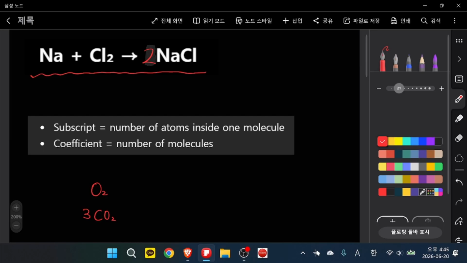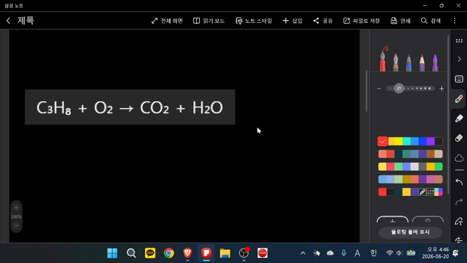But sodium is now unbalanced, so we also adjust sodium. Now both sides are balanced. Sodium has 2 atoms on each side, and chlorine also has 2 atoms on each side.